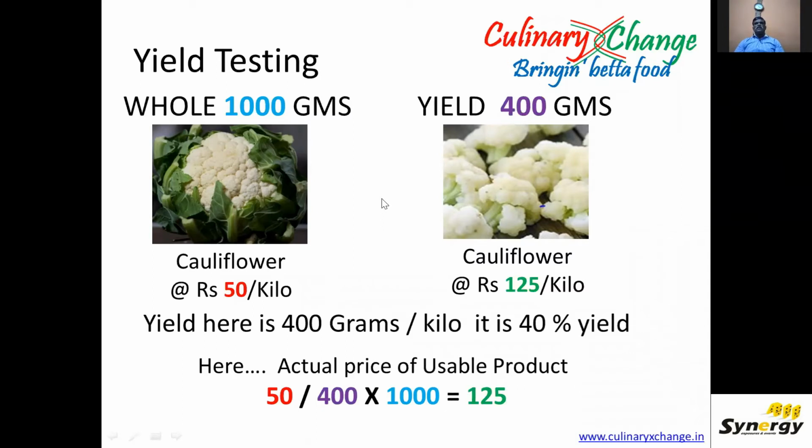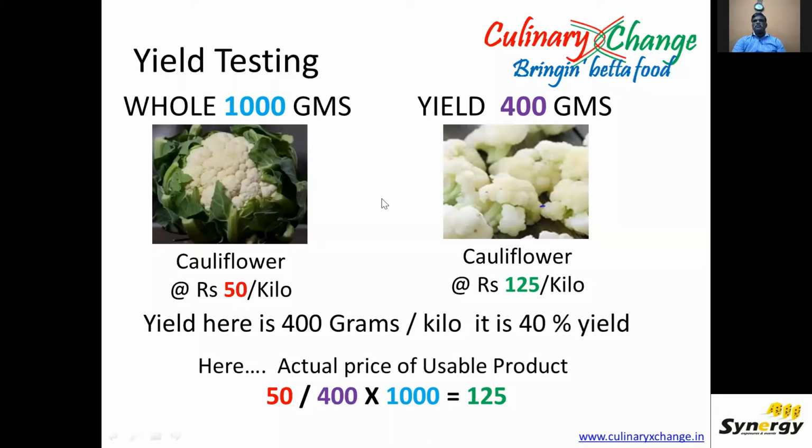If we clean and cut it, we get around 400 grams of cauliflower florets. This is the usable quantity. From these 1000 grams, we get 400 grams of usable product. Hence, the yield of this cauliflower is 400 grams or 40%.